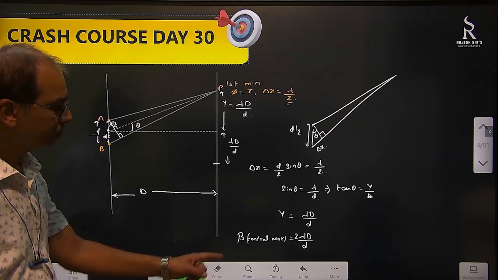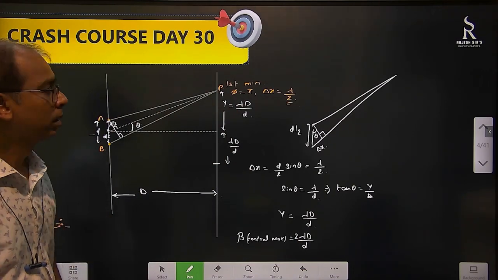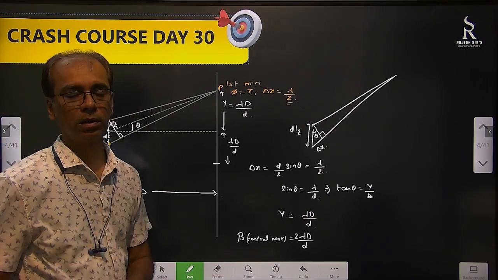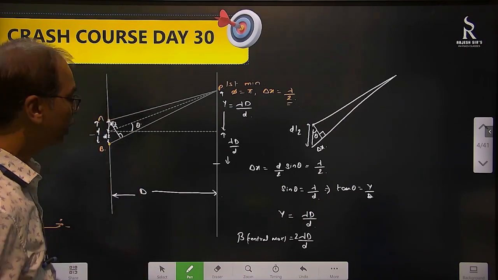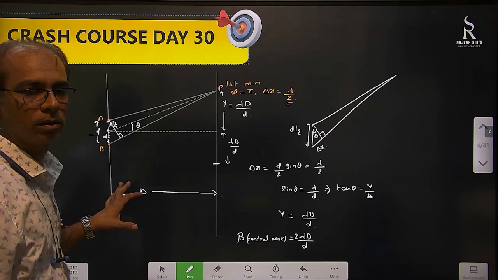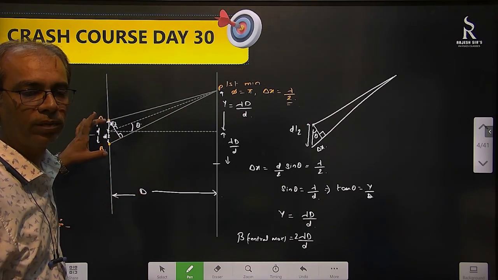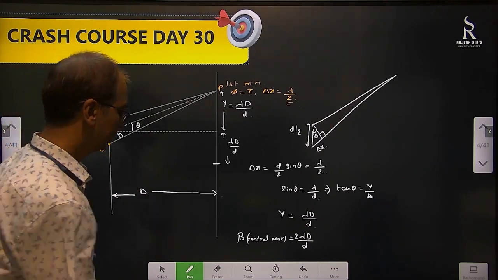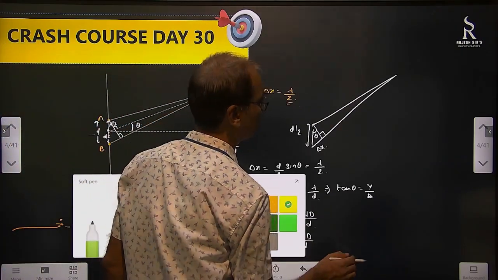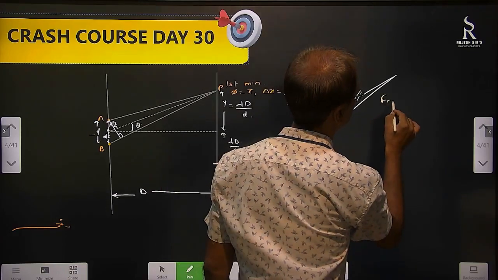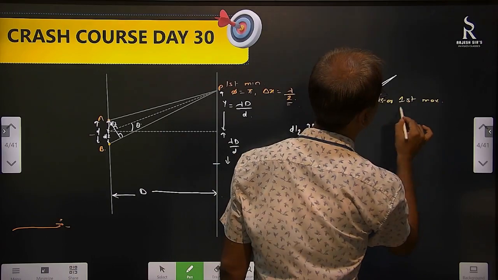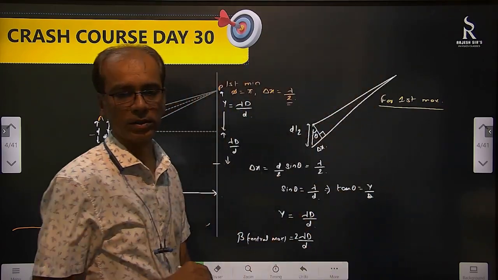Okay, this is here. Then if suppose that we want to search first maxima, then what we have to do? So according to Fraunhofer, in that case we are going to divide this zone into three parts. For first maxima, we will divide the zone in three parts.